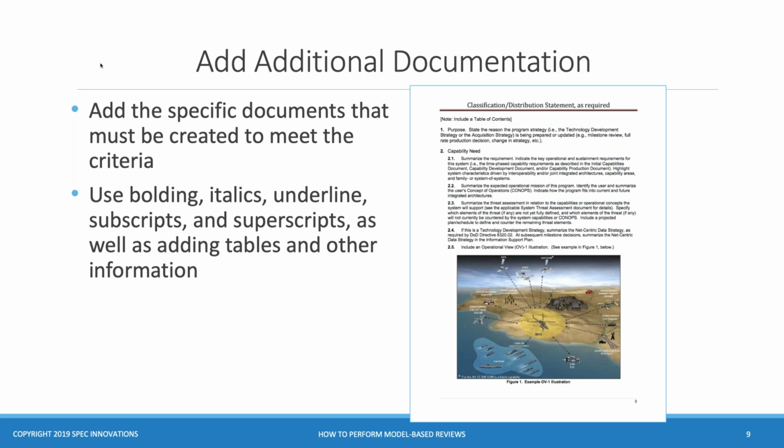Add those that meet the criteria, make it very easy for the reviewer to see the information and work with it, and then you can use all the documentation kinds of tools like bolding, subscripting, italic, underline, all those kinds of things. You can add tables. You can give them information about where to go as well, hyperlinks to other things.